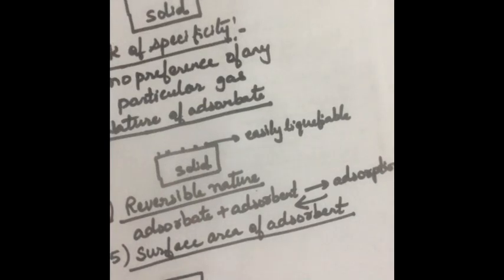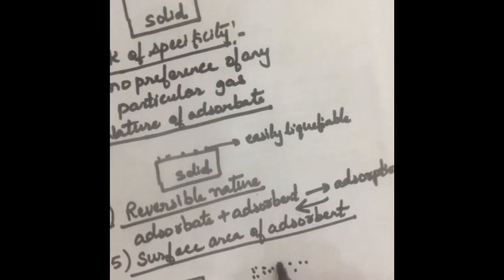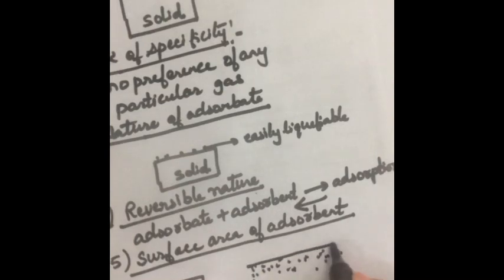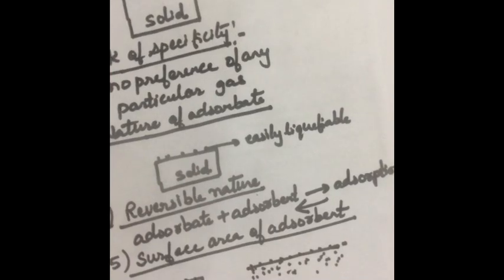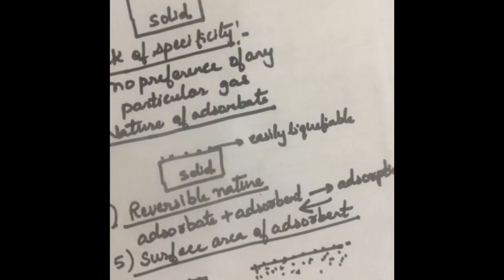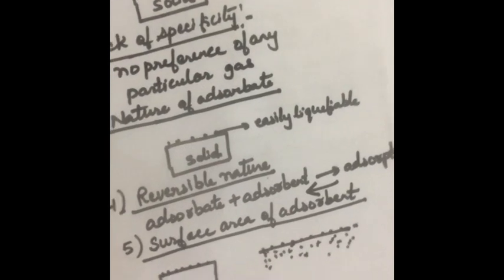Like if we take this adsorbent and now we change this into a powdered form, its surface area is more. More is surface area, more adsorbate particles can attach here. Here less number of adsorbate particles will link. Hence, physical adsorption increases with increase in surface area.